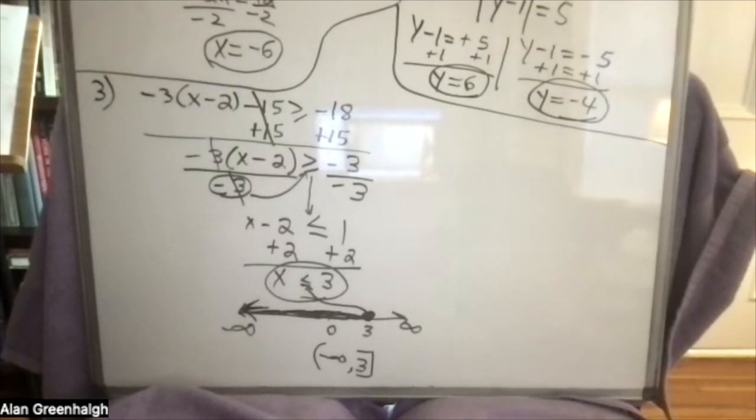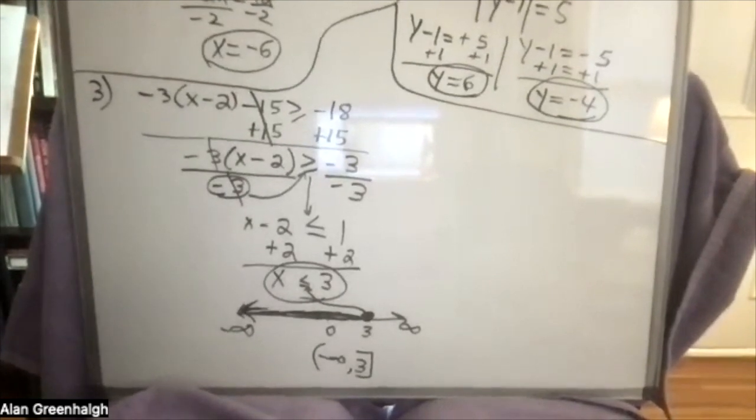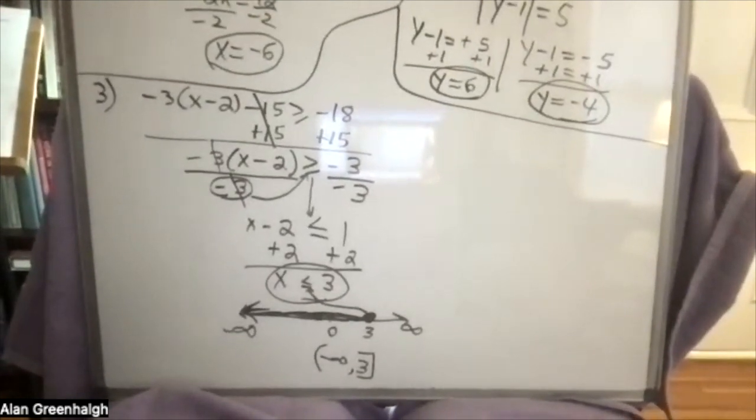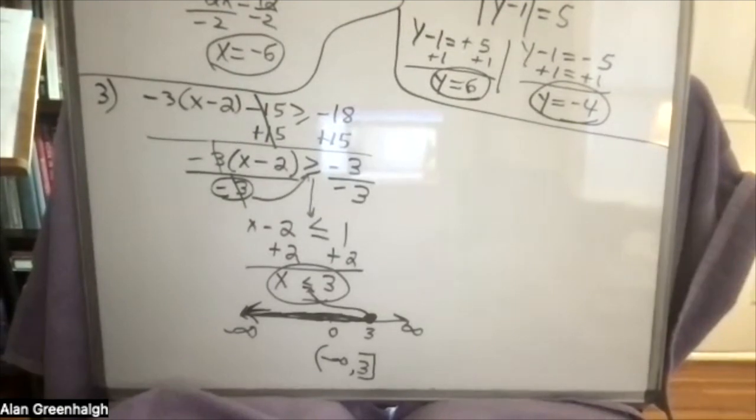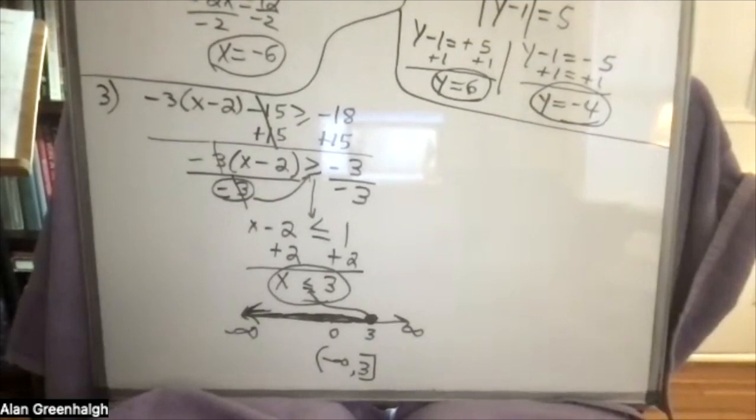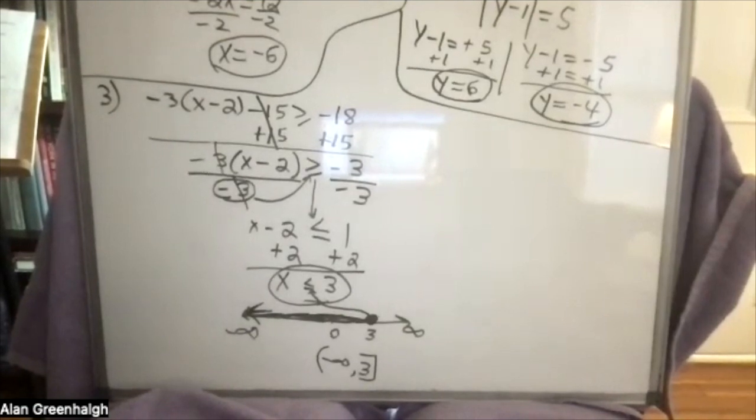Professor, I have a question. Yes, Kariatu. I don't know where I went wrong. I got -3. I started the first line by multiplying -3 and x and -3 by -2.